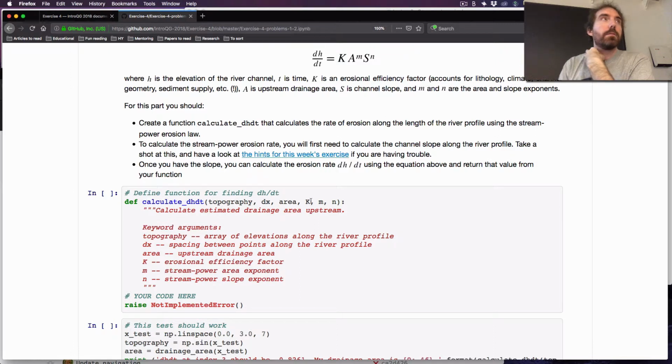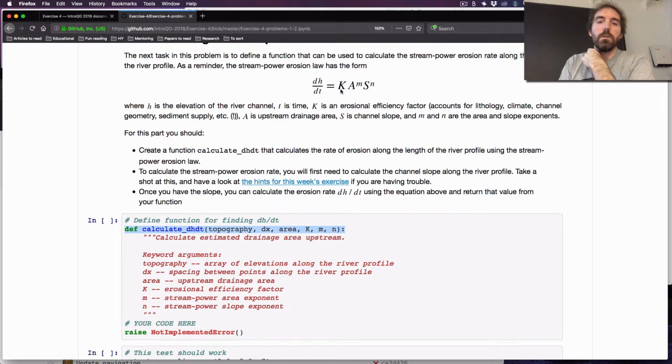Maybe I'll add in some constant values or default values here just so you have those. But you've got the general shape of the function here. It's going to take in the topography, which is the elevation of the river channel, the spacing between the points, the area upstream, and then these constants that go into the stream power erosion equation, K, M, and N.